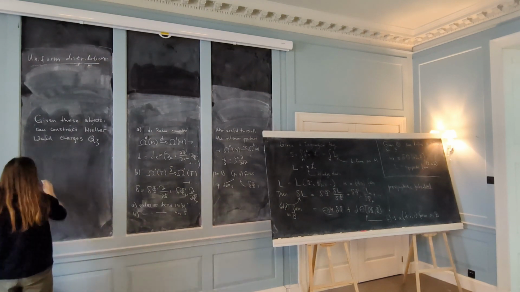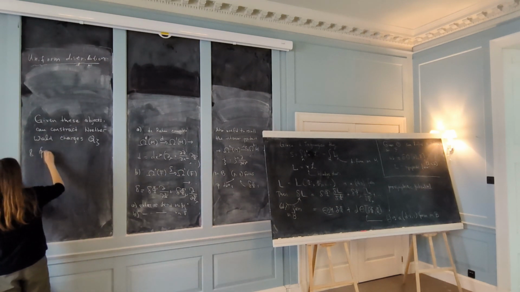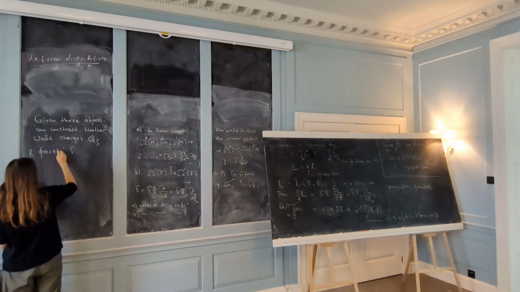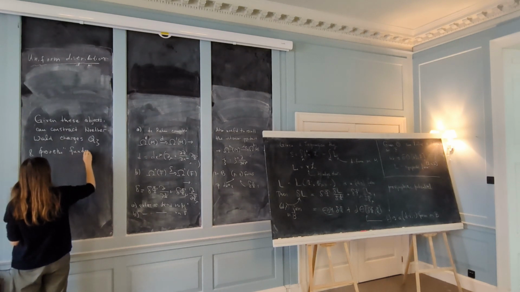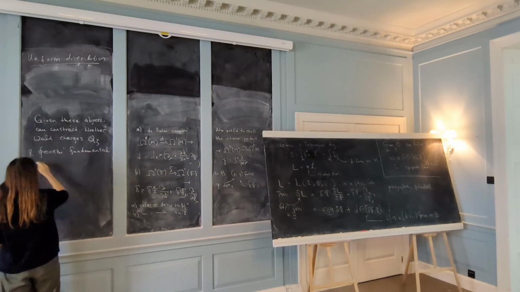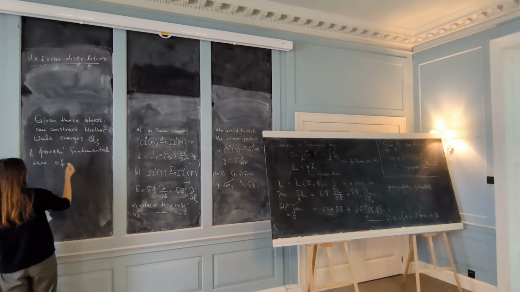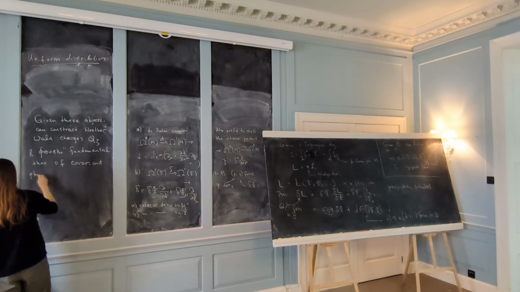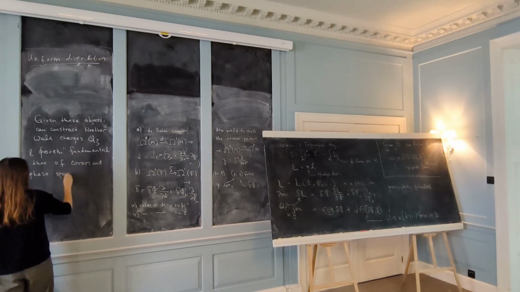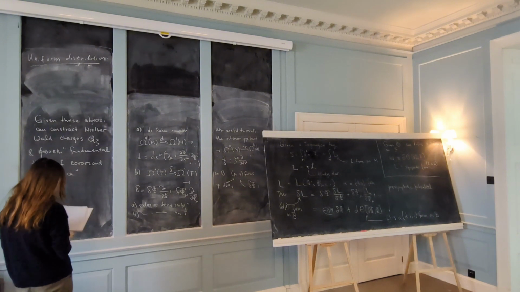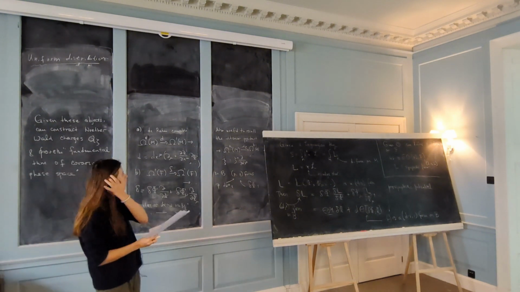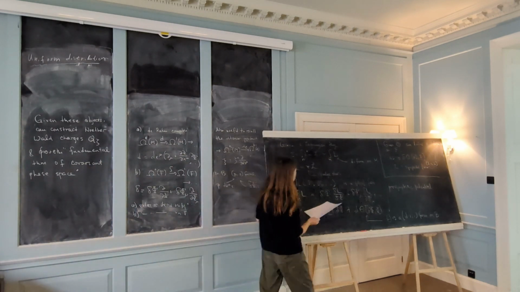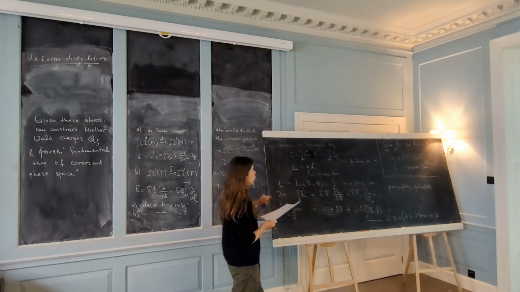And furthermore, prove something that now goes under the name of the fundamental theorem of covariant phase space, which tells us that essentially locally we can write the symplectic form.